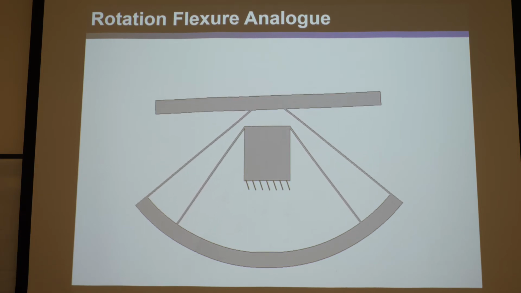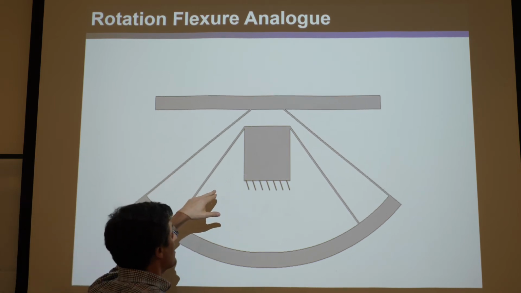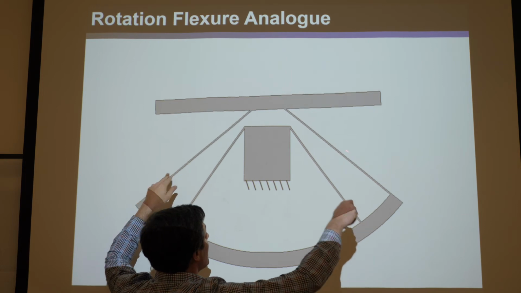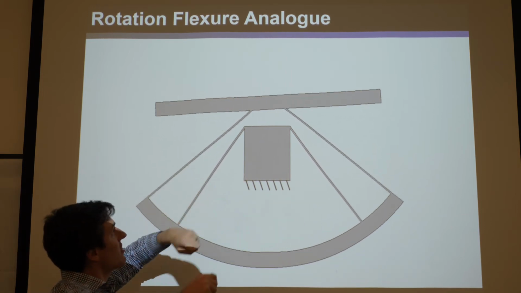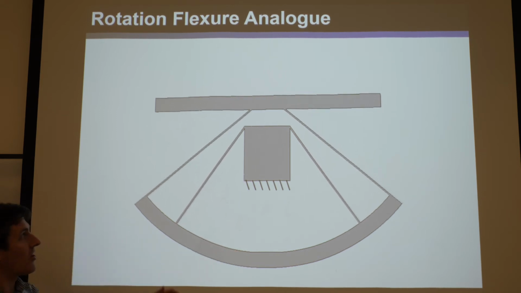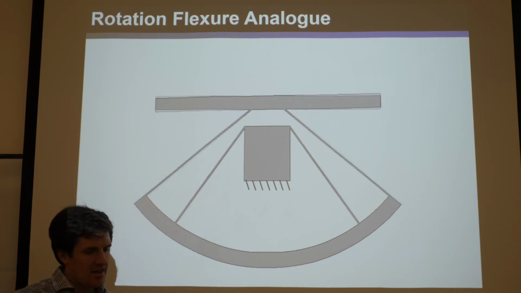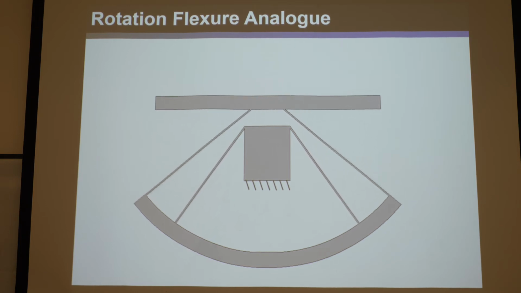And not only do we double the range in the same footprint, but because these are opposing, the drift caused by these two cancels out the drift caused by these two, so the axis of rotation stays put as long as this rotates twice as much as this one, which wouldn't occur in this design, because if you rotate it, this will try and snap back, and there'll still be a little parasitic error. But it is better than the last design, in that you can go way further with a little bit less parasitic error.